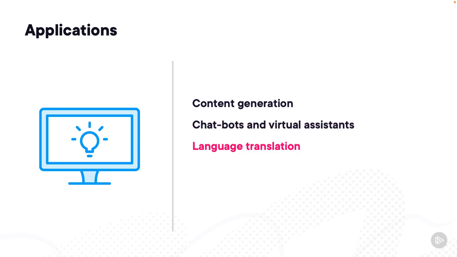Then language translation. They facilitate accurate and rapid translation between languages. Also, code generation. They assist developers by generating code snippets based on natural language descriptions, as well as sentiment analysis. LLMs analyze text sentiment, helping businesses understand customer opinions.